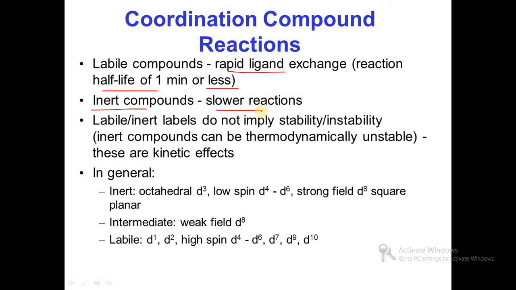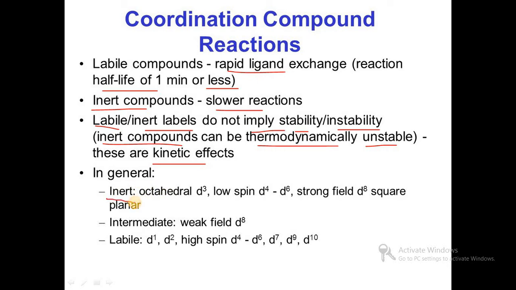Inert compounds occur mostly in inner orbital complexes having d2sp3 hybridization. Labile and inert labels do not imply stability and instability. Inert compounds can be thermodynamically unstable. These are kinetic effects, that is, they depend on the reaction.